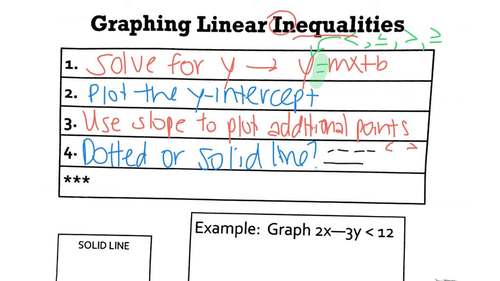So that would be less than or equal to or greater than or equal to. The last step, which is always a special one to remember, is you have to remember to shade.